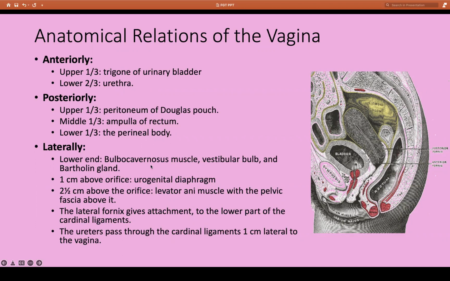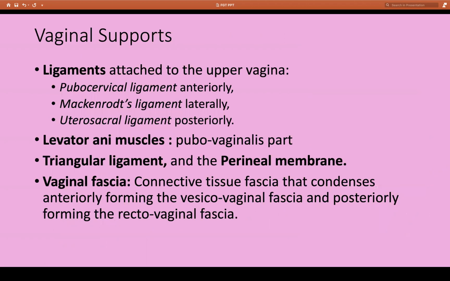Laterally, all the muscular layers, levator ani muscle, lateral fornix, and especially of importance is ureter that passes through cardinal ligament 1 centimeter lateral to vagina. It's really important when we are doing a vaginal hysterectomy, especially when we are applying clamp and suturing at the lateral fornix while removing the uterus.